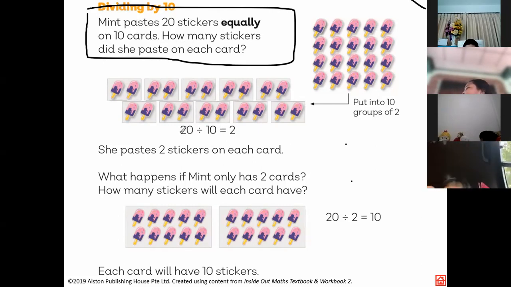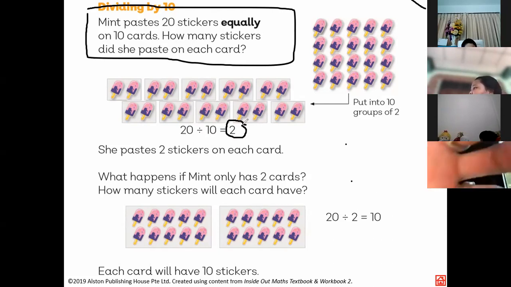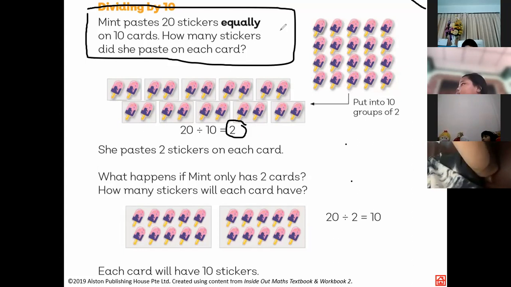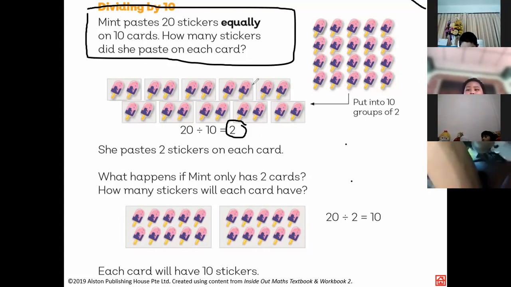So if we divide 20 by 10, we will have an answer of 2, okay? So for example, we have 2, 4, 6, 8, 10.